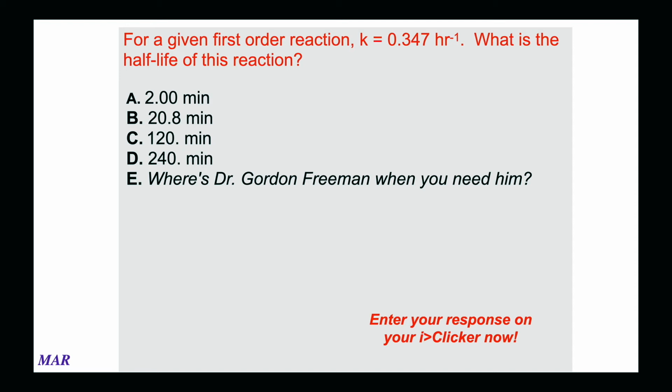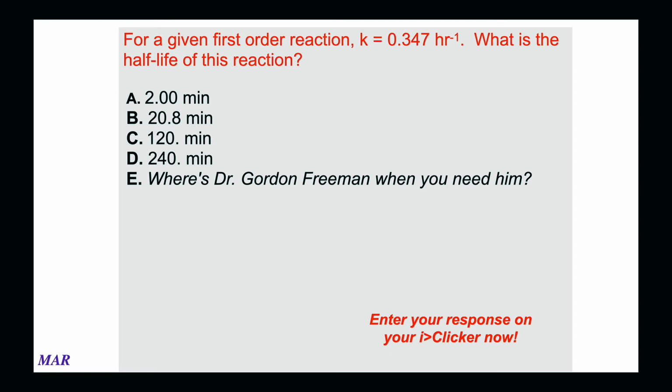But anyway, the important part here, half-life equals 0.693 divided by k. So what I would do in this problem is take 0.693 and divide it by 0.347, and that's going to get us an answer in hours. Remember that k and t have to be the initial amounts. So T1/2 initially will be a value in hours.